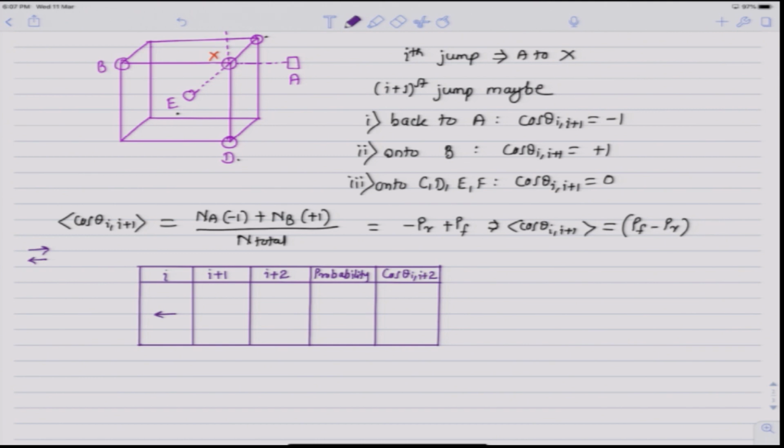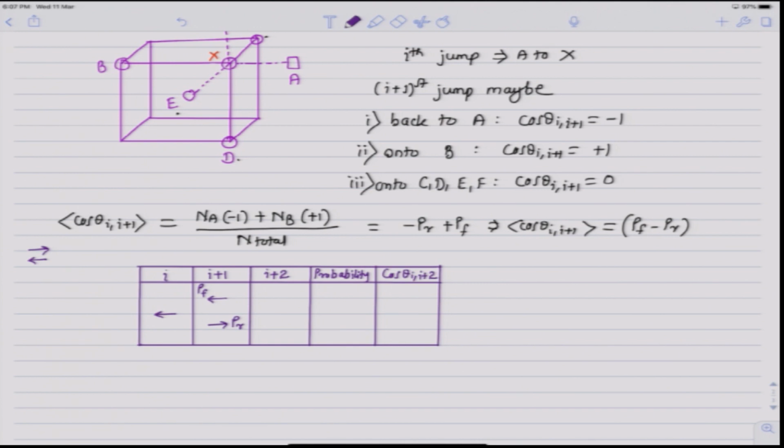Now, the i+1 jump may be a reverse jump or a forward jump. So, if the i+1 jump was from right to left, it would be a forward jump, the probability of which would be P_F, and if it was from left to right, it would be a reverse jump, the probability of which would be P_R.